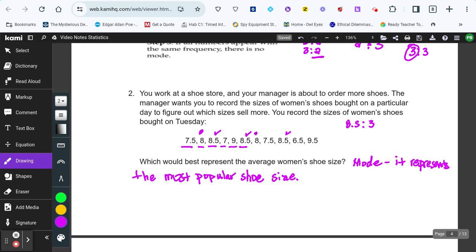What about 9? 9 appears 1. That's it. 7.5 only appears twice. Nothing more than 8.5. 6.5 once. 9.5 once. So the mode is going to have to be 8.5.